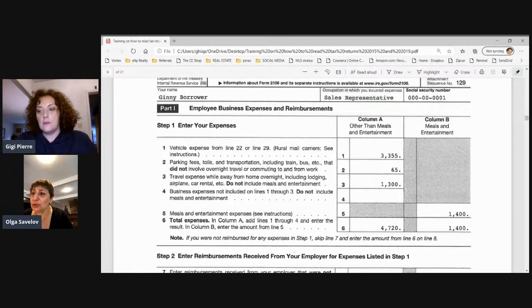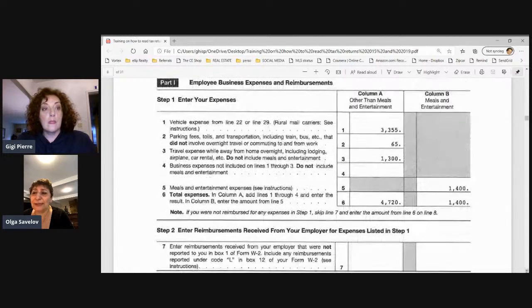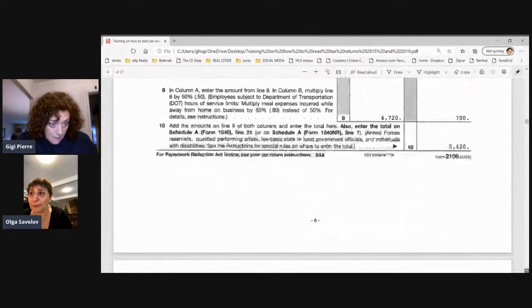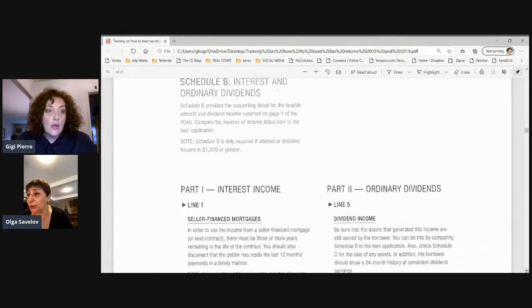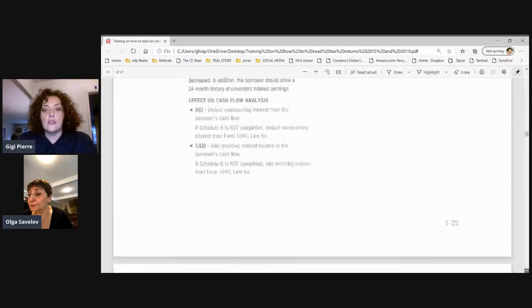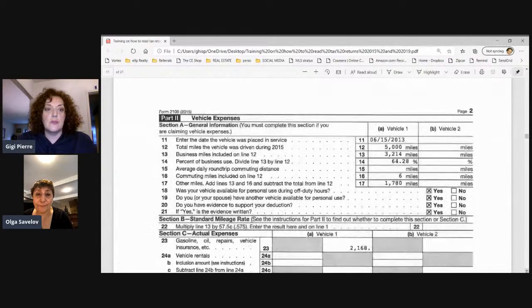Then you're going to go to page 9, and it explains what employee business expenses are, the ones that were not reimbursed by the employer. Then you go down to page 10, that was interest. Page 11. Okay, let's go slow because I want to make sure everybody understands what we're doing. Here we have vehicle expenses.